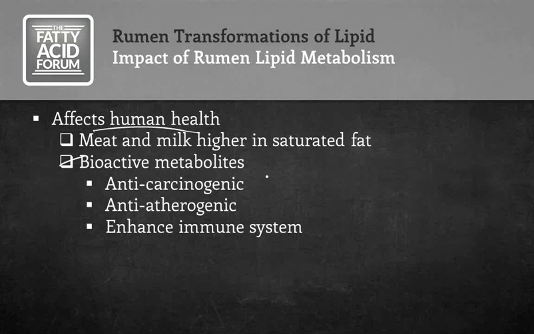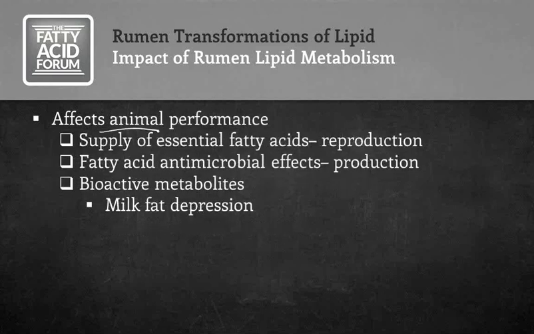And the CLAs have very high biopotency. A good example is the cis-9 trans-11 CLA that we mentioned, the most common one, which is a very potent inhibitor of some sorts of cancer, is anti-atherogenic, and is also known to enhance the immune system. On the animal performance side, biohydrogenation can inhibit the supply of essential fatty acids to the tissue.